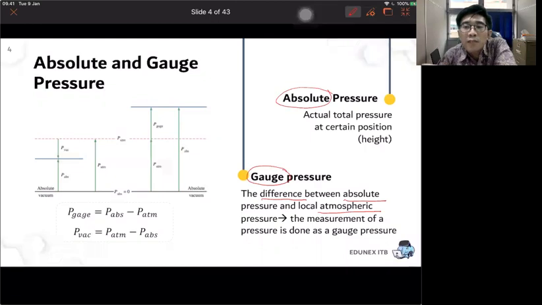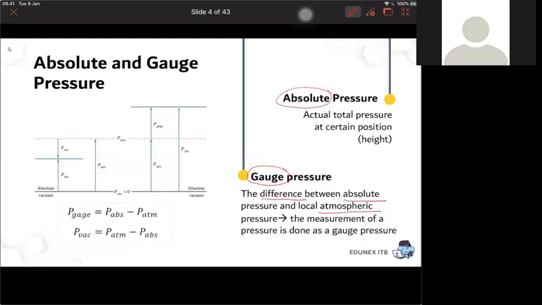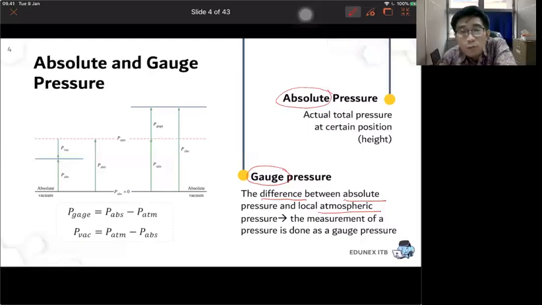So if you find a formula like pressure times some other parameters or divided by some other parameters, the pressure stated is absolute pressure. If the pressure is the value that you got from the pressure measuring device, it means it's the gauge pressure.